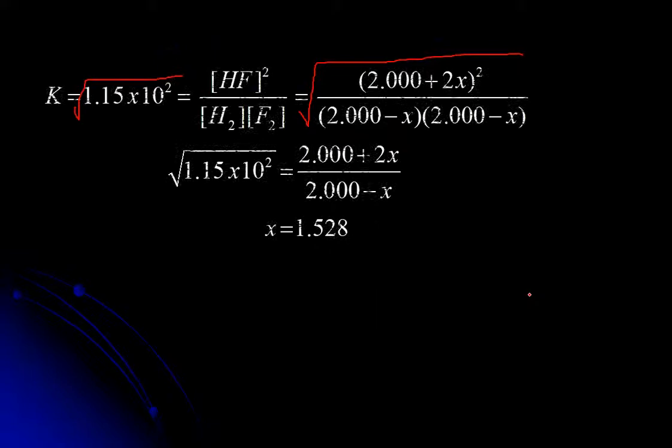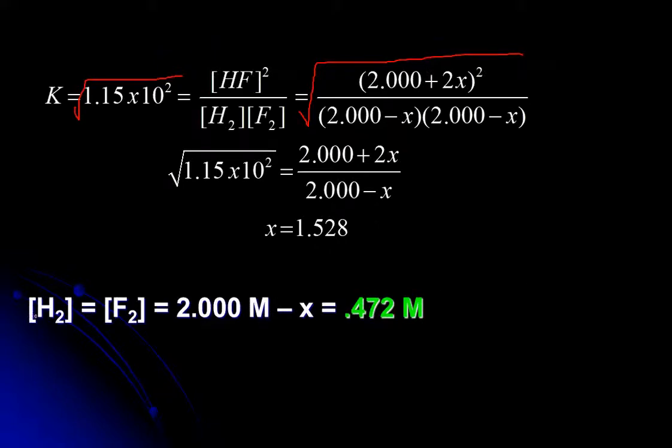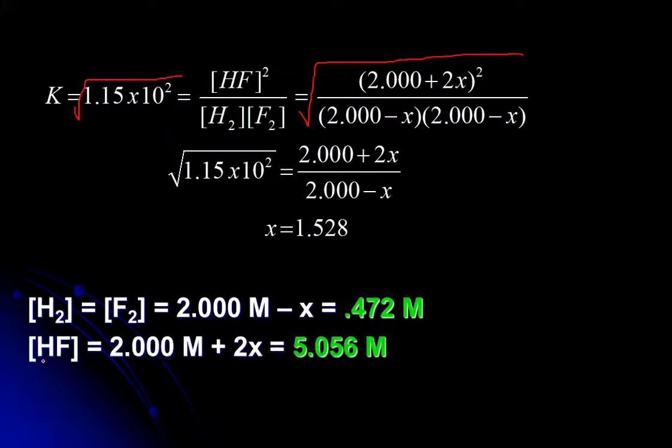So if we see how the math plays out here, there's our H2 and F2. Remember, they're just consolidating here because they were identical starting amounts and they changed by the same amount. So both of them will end up being the same, 0.472 molar. And then our HF went up by 2x. So we take this value, multiply it by 2, and then add it to our 2 molar.